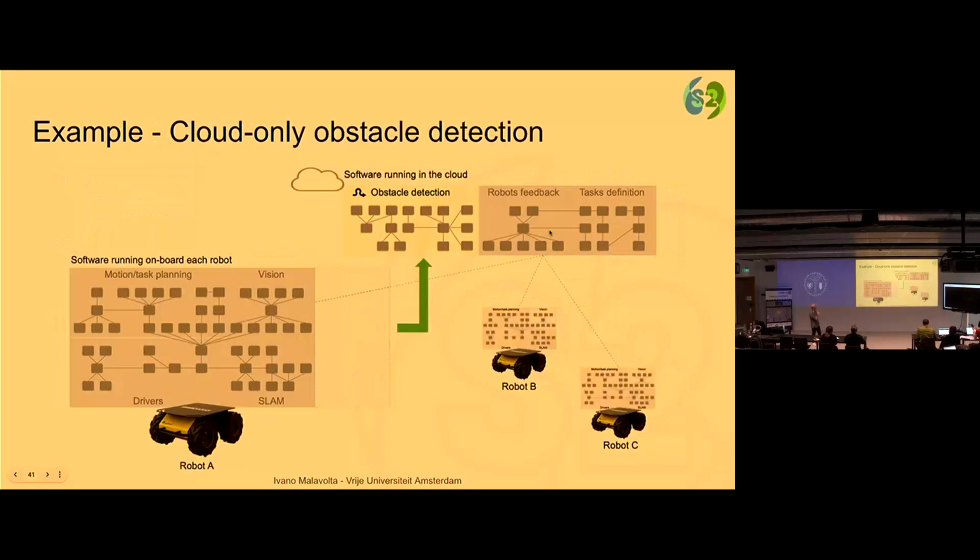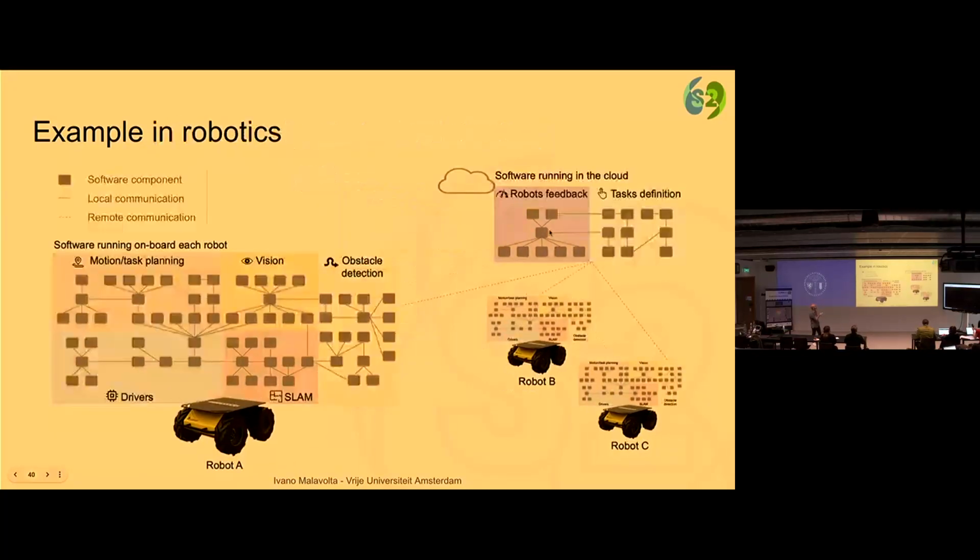What is an architectural tactic for us? Imagine you have this system. It's very trivial, but you have the drivers, the SLAM, and some areas in the architecture. An architectural tactic is a specific design decision that is targeting a non-functional requirement.